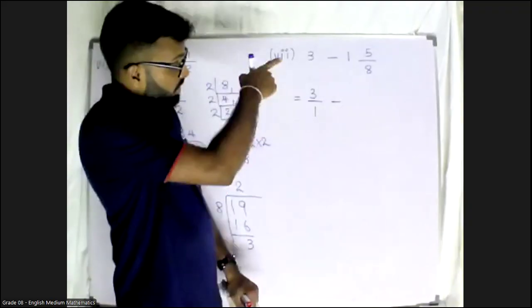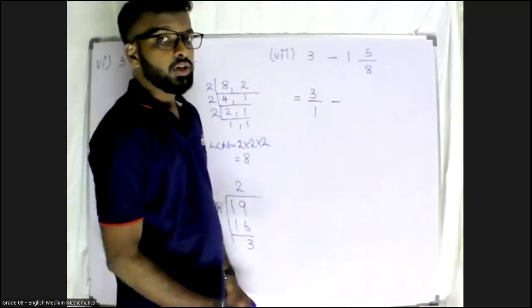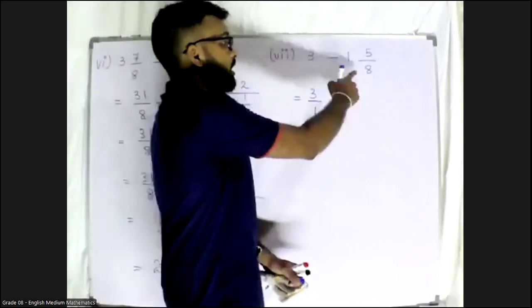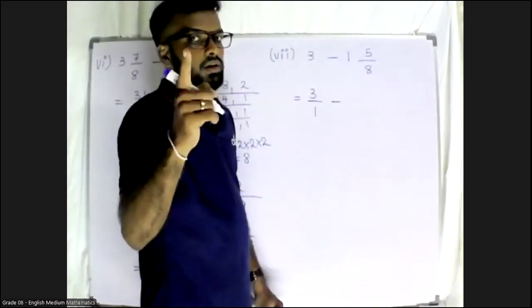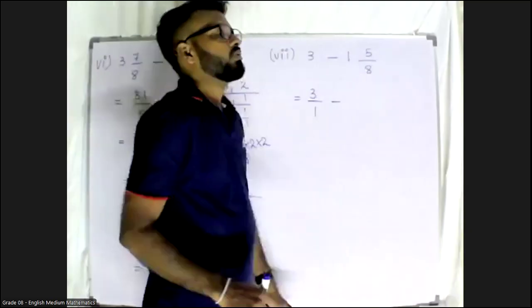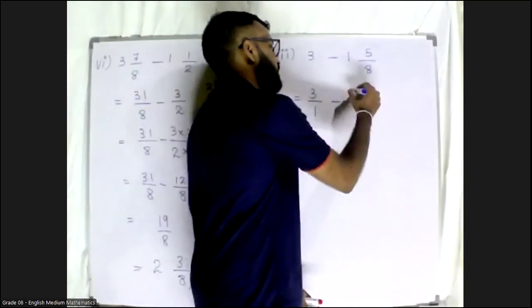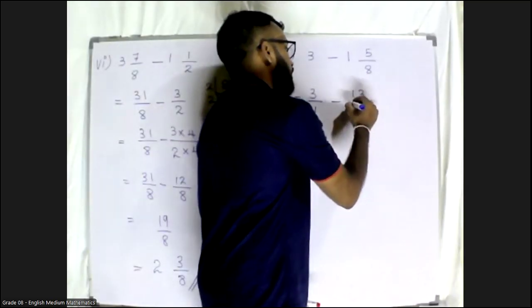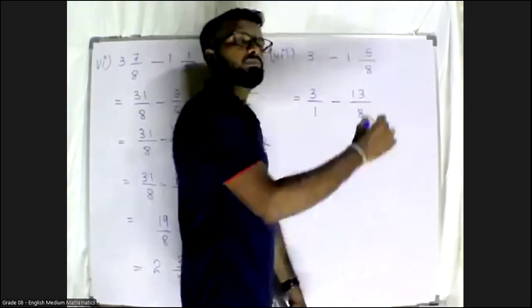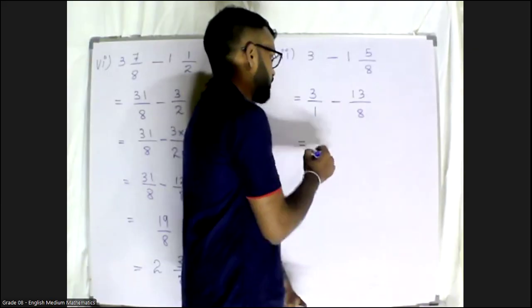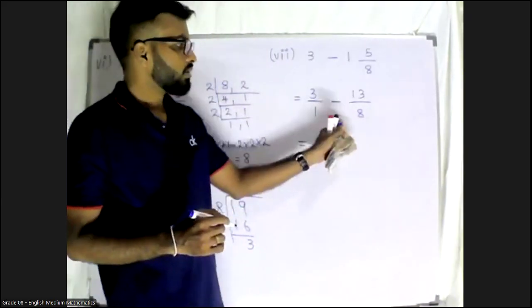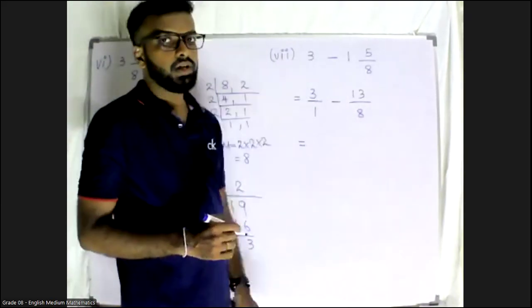Minus. Convert that mixed number into an improper fraction. 8 times 1, 8. Keep that in your mind. 8 plus 5, 13. So the numerator is 13, the denominator is 8. This is something we did previously.